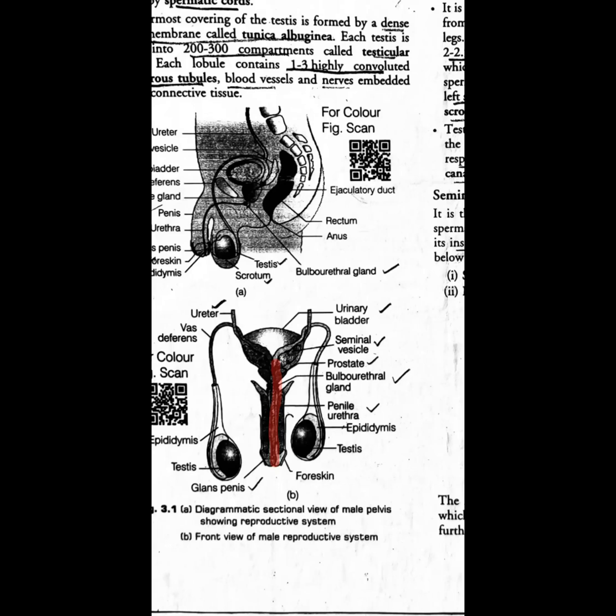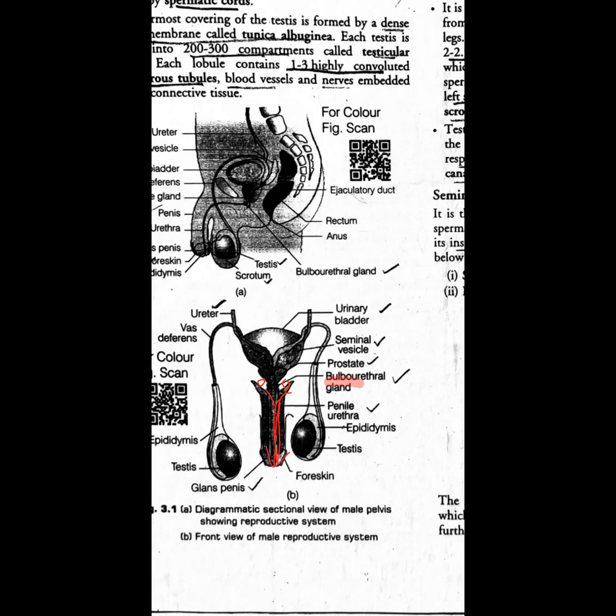So bulbourethral, can you see bulbourethral? It is there as two circles. You can see this diagram inside textbook. It is two ball-like structure which is there on the mouth of the penis. It is going to release the fluid before the semen comes so that it can clear the passage. It can make it alkaline.